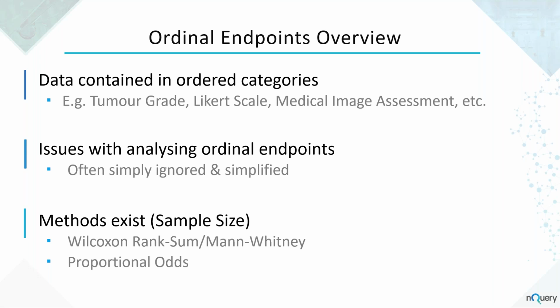So two of the most common methods, I should say, are the Wilcoxon rank sum test, or the proportional odds model. And the Wilcoxon rank sum test or the Mann-Whitney U test, they're basically the same thing. And they're quite simple. I'll discuss that a bit more on the next slide. And just to mention once again, the proportional odds model is what we're interested in here for the purposes of this webinar, and it's what I'll be going into the most detail on.